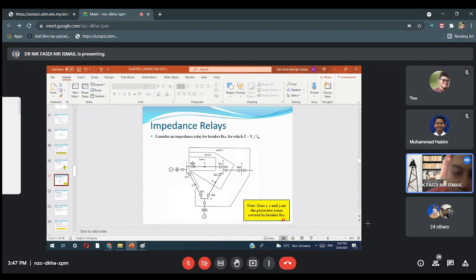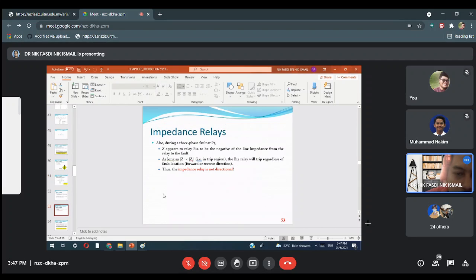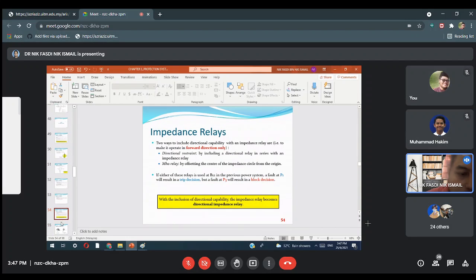So B12 ni dia tak berada. Kalau B13 dengan B31 tu yes forward direction, tapi B12 ni dia dah outside, dia dah luar pada flow of fault current tadi. So what happens, B12 becomes reverse direction. That's why dia tak akan trip. For this case, okay, dia cerita kat sini macam itulah maksud dia.